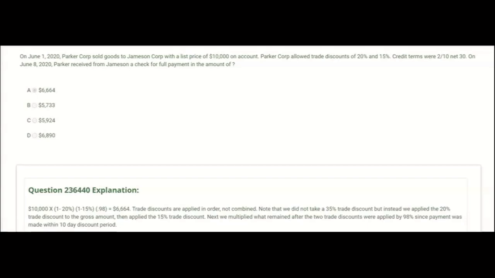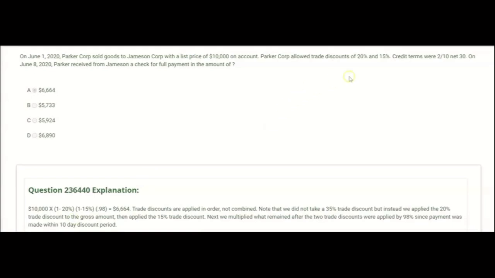So that means we take $8,000 and we multiply by 85%, and that's $6,800. So we're at $6,800 now after applying the two trade discounts. But since the customer's paying within the 10 days, says they paid on June 8th, then they only have to pay 98% of the $6,800, and that's $6,664, which happens to be answer choice A.